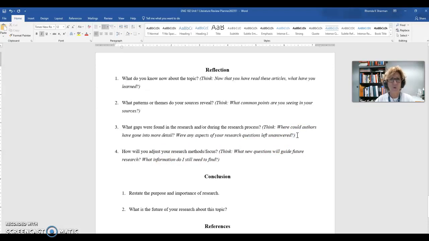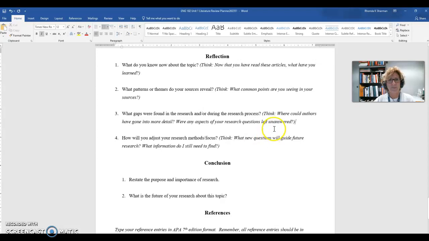I can't imagine both articles answered every single question you might have. So what more do you need to research? What aspects of the topic do you need more information about? And then how will this affect your research going forward? So maybe you know that you need to get more scientific information on this, or you need to get more opposing views for this perspective, or whatever it might be.